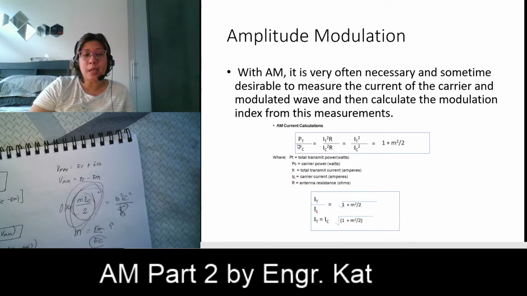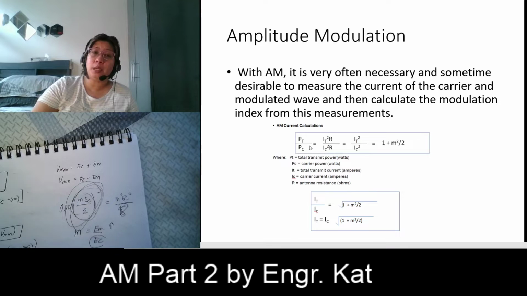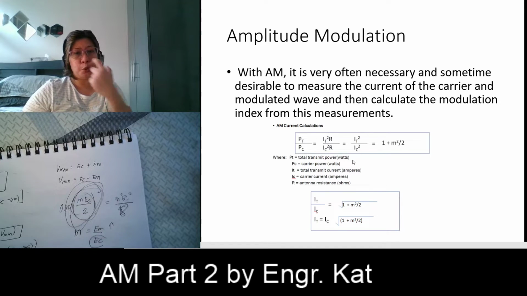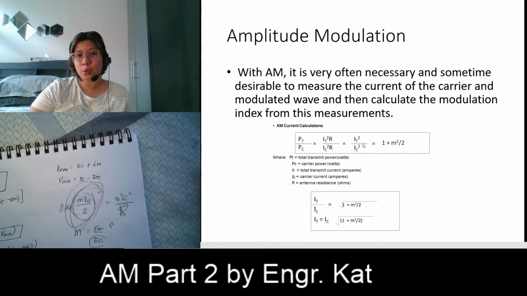Going back to our previous formula, PT is equal to PC multiplied by 1 plus M squared over 2. Transposing your PC here, that will give you PT all over PC is equivalent to 1 plus M squared all over 2. So IT all over IC, now squared, is equivalent to this.